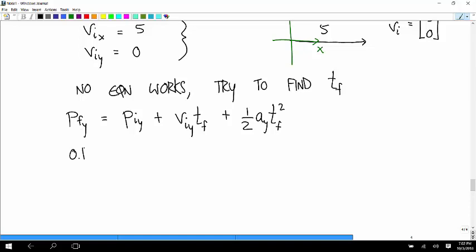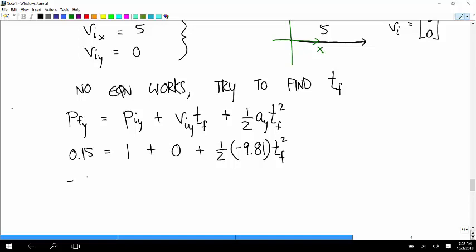So 0.15 is equal to 1 plus 0 plus 1/2 times negative 9.81 times TF squared.